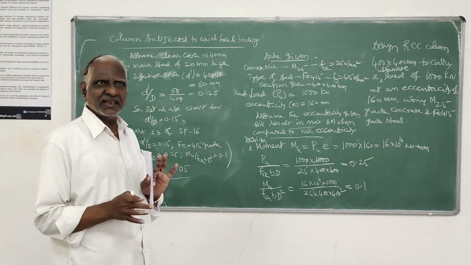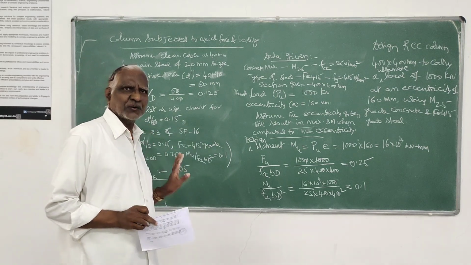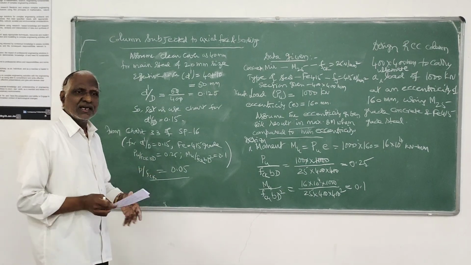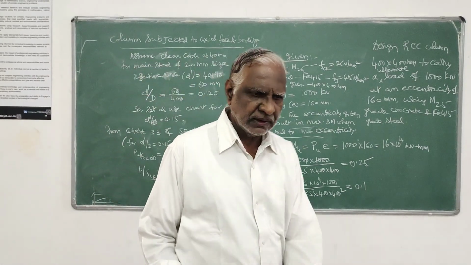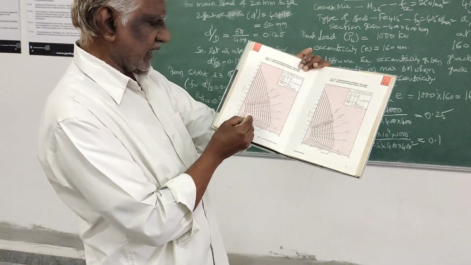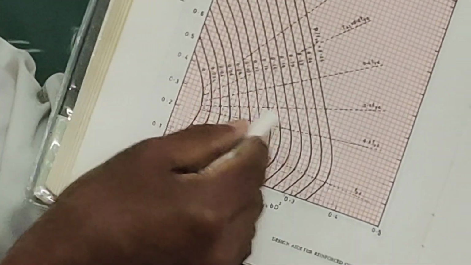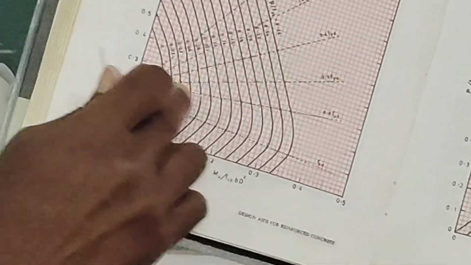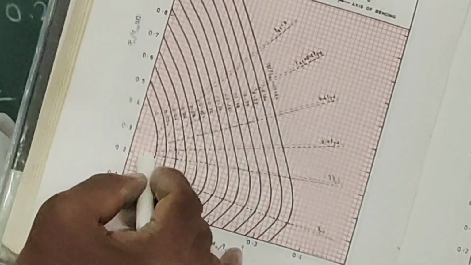So this is the actual work you have to do. That's all. The moment you get this particular figure, there itself you can observe this particular point lies somewhere here, that is for fst equal to 0.7. These are the dotted lines which I told you.